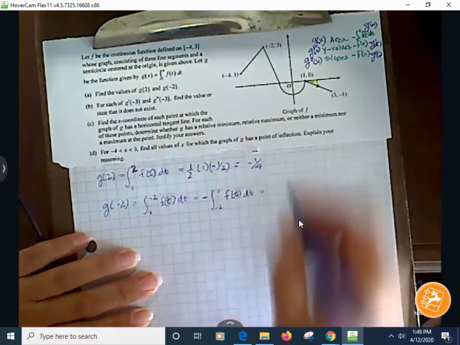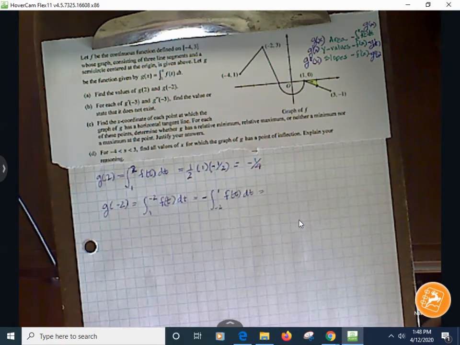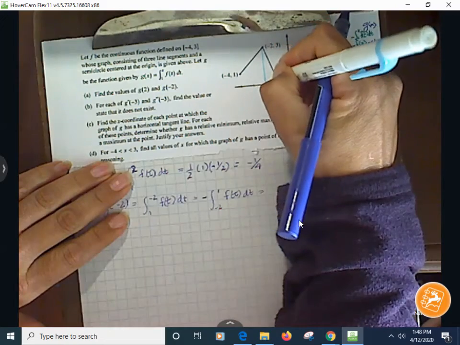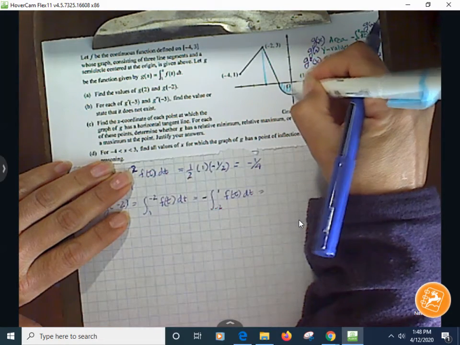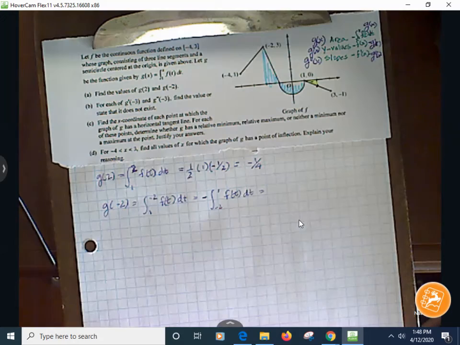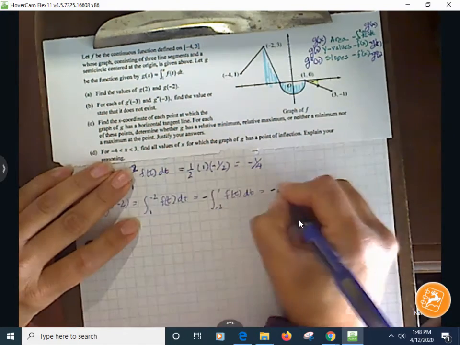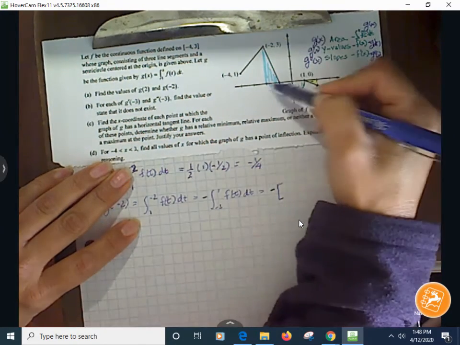So that would be this area. Negative, and then what is the area? I'm going to start from over here.